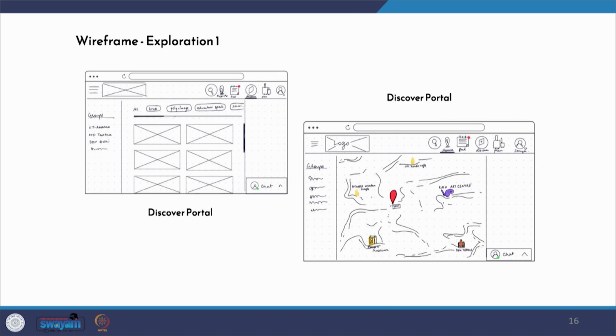Now the wireframes are further explored in this stage. So you can see that these boxes with crosses, some images maybe they will come here. So now on the right, the discover portal, here also we can see that the designer is thinking of placing a map somewhere so that one can find how far away a particular activity is if they are planning to take an activity in their free time.